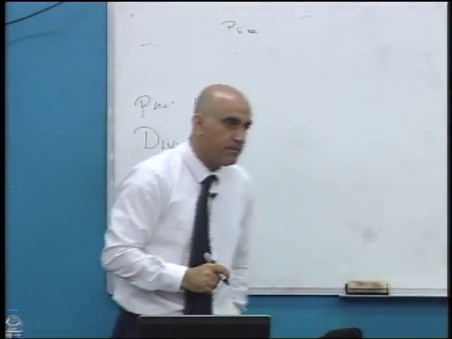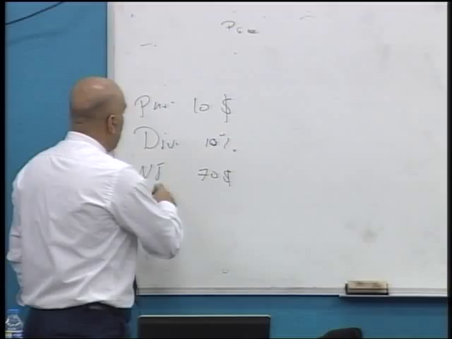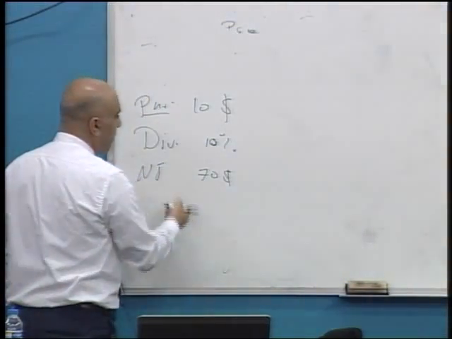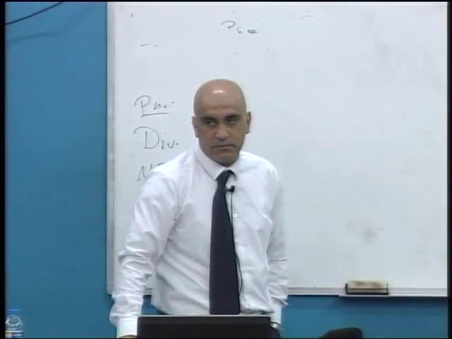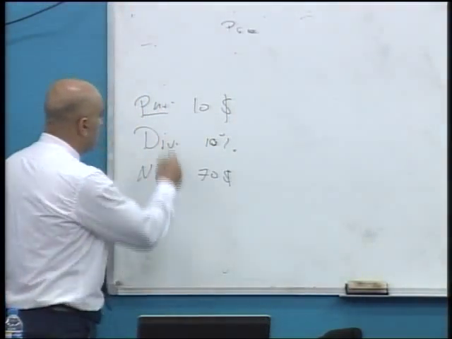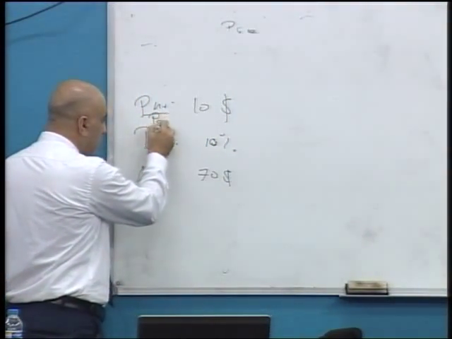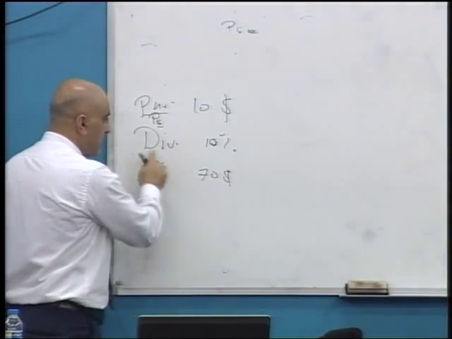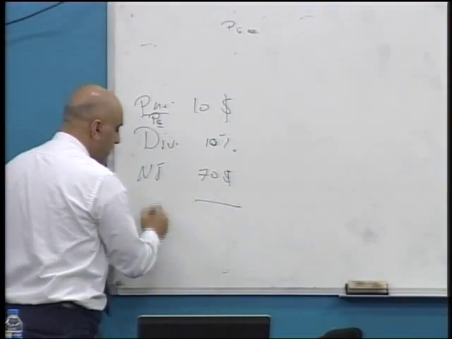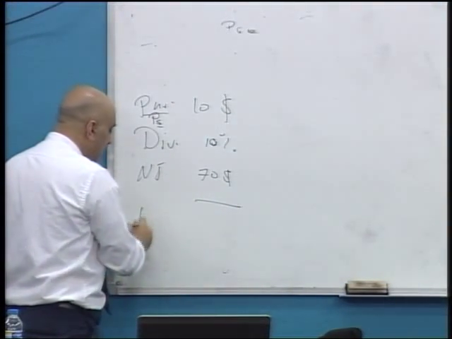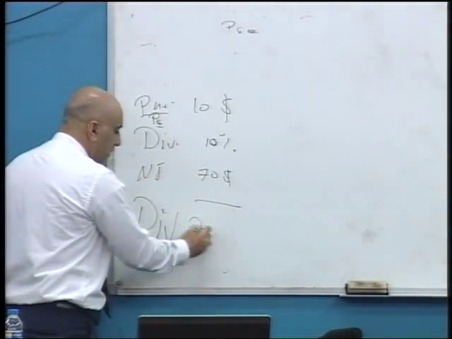My question is, how much dividends would the preferred stocks receive? So the par value of the preferred stocks is $10. The dividend is 10%. The net income is $70. So calculate the dividends of the preferred stocks.